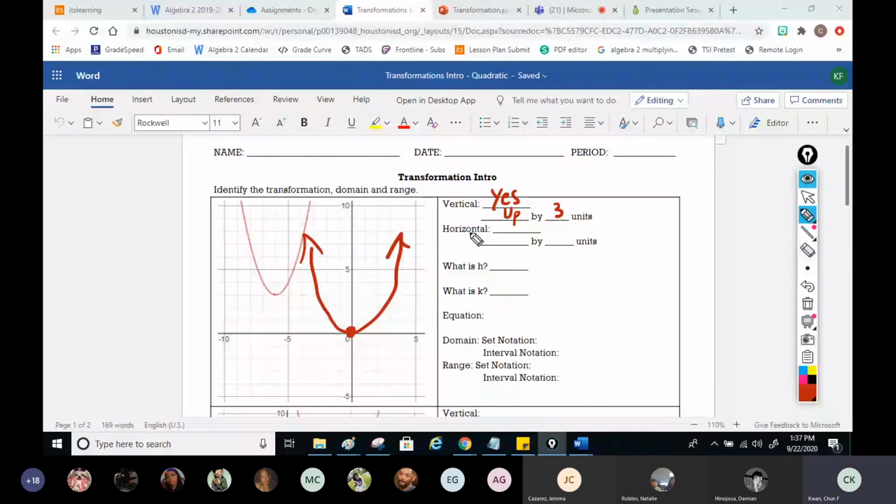Then, is there any horizontal movement? Did it shift left and right? The answer is yes, it did. It shifted to the left by, right here, this is a +6, so left by 6 units.